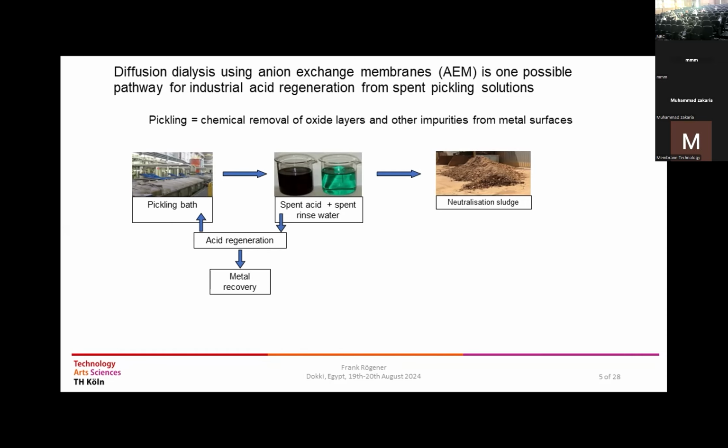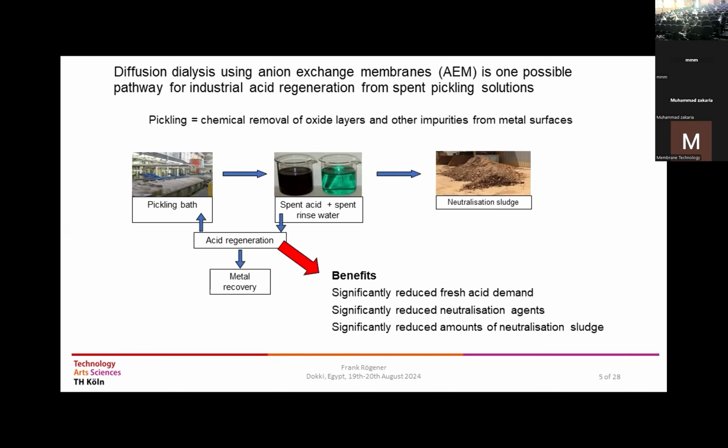In any case, there will be a wastewater formed that needs to be treated, and the final result is also then a neutralization sludge. But also here we did in former years some experiments on how to recover the metals from the sludge. But this is not the topic today.